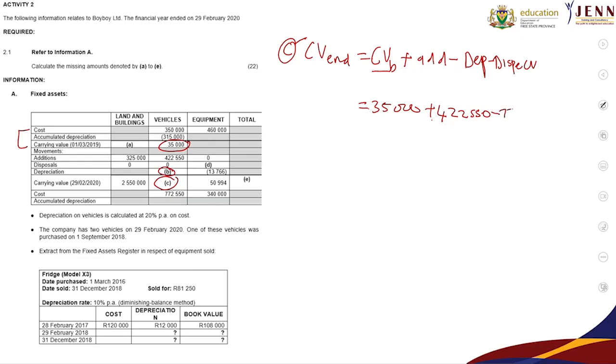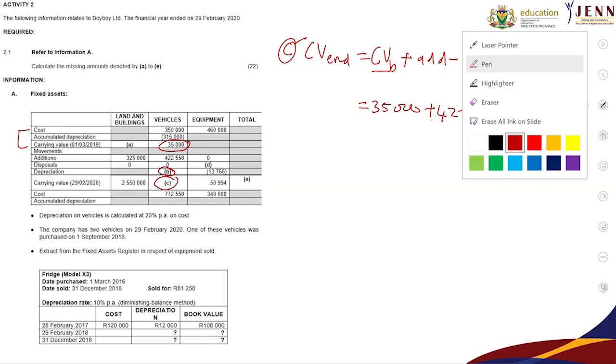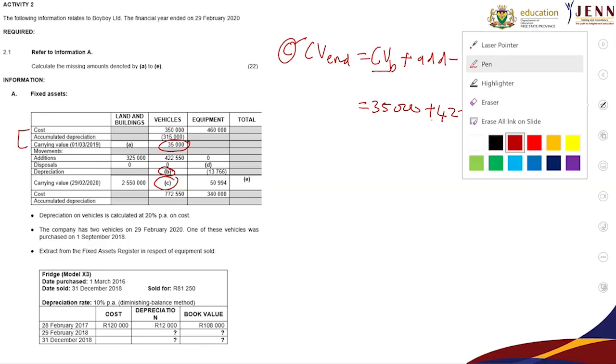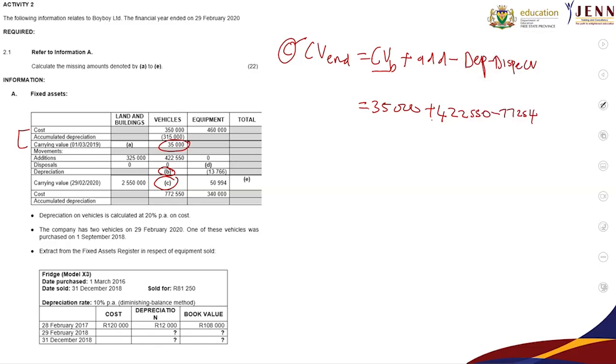Minus 77,254, which we calculated. Right. Now, how much is the disposal, minus the disposal? How much is the disposal as a carrying value? We have 0 as our disposal. Then we can get what you call carrying value at the end.